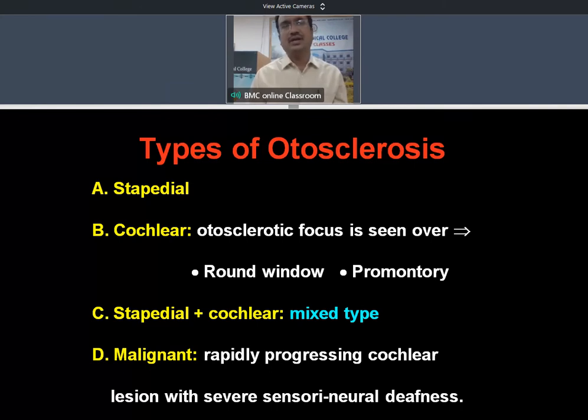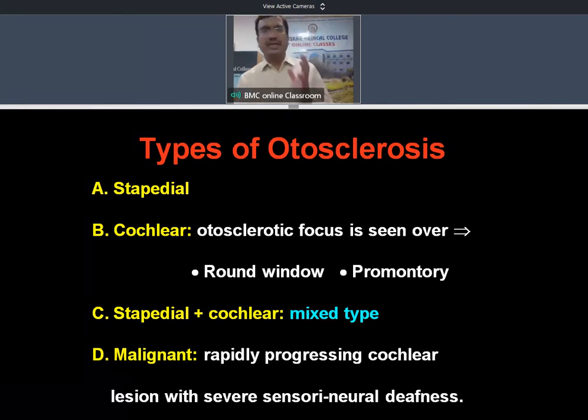In the histological type, if you see otosclerotic foci only on autopsies, they don't have symptoms of otosclerosis. The main symptom of otosclerosis is hearing loss.